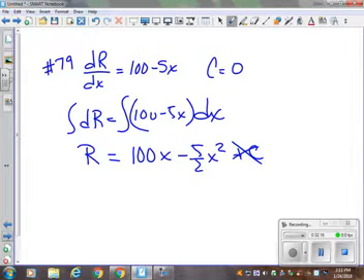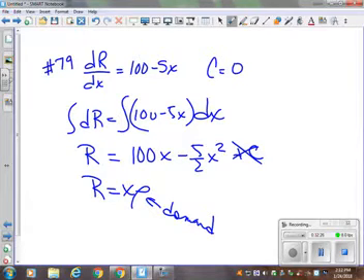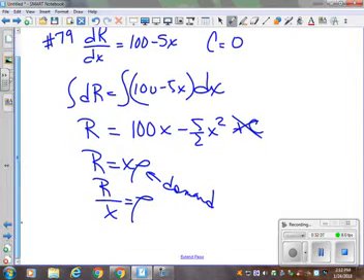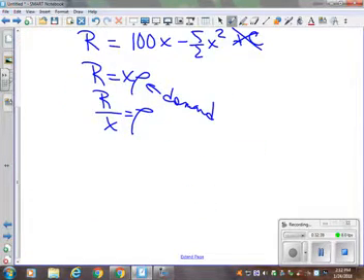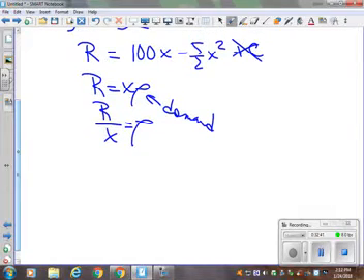Now here's what's tricky. Revenue is equal to x times little p, and little p is demand. If I want to figure out the demand formula, I have to divide by x. I have to take the revenue divided by x to find my demand. That's important because in this particular question, it asks for both revenue and demand formula.